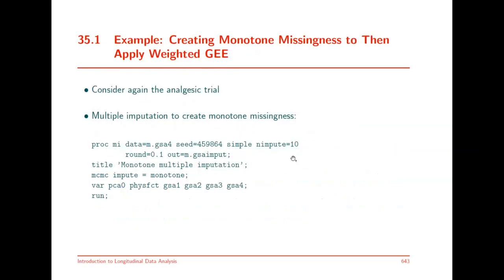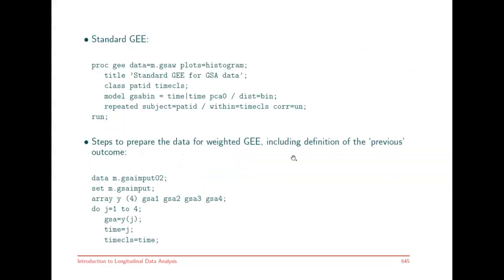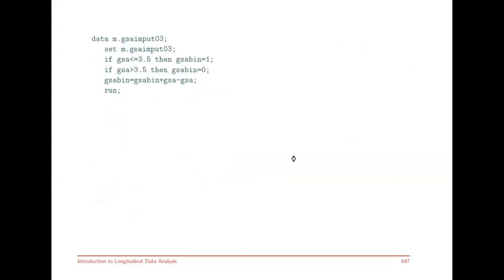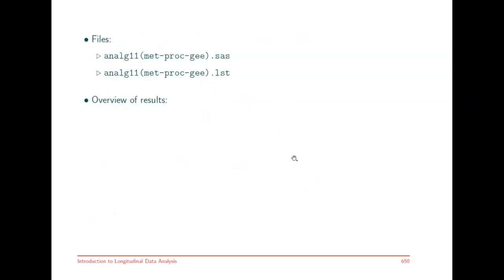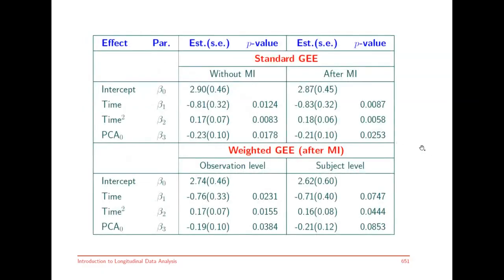Then I apply that to the estimating equations, but let me go straight to the results. Very important, this is not your regular use of MI, because I see here standard GEE without MI and after MI.